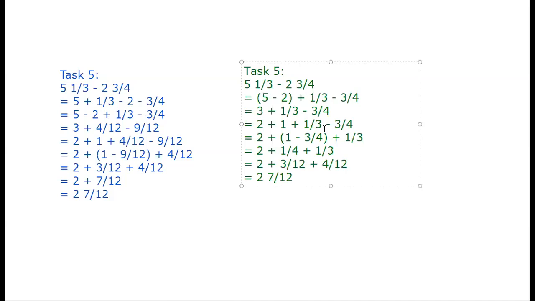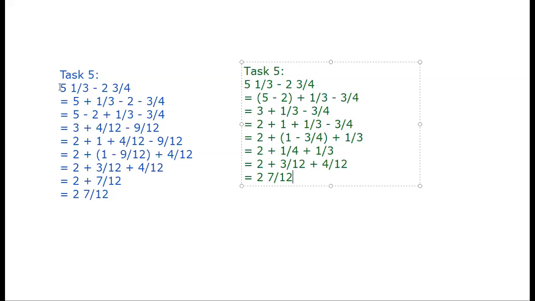Also, till you get to the answer and then convert it back into mixed fraction, you don't have a sense of how big a number you are dealing with. Okay. Whereas here, even within the first few steps, the moment you do a 5 minus 2, right, you immediately get a sense of how big the number is going to be.